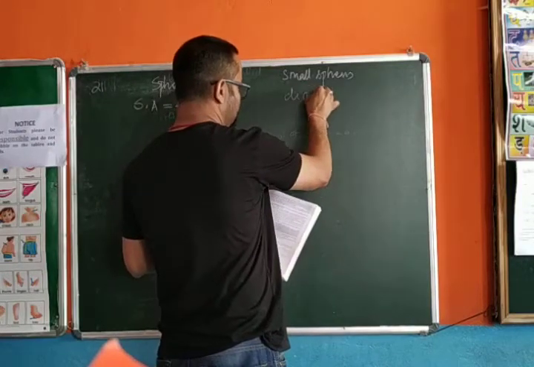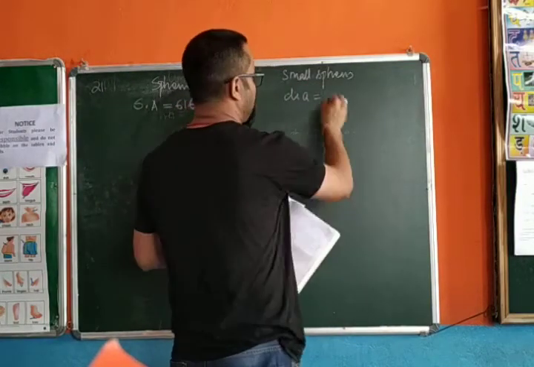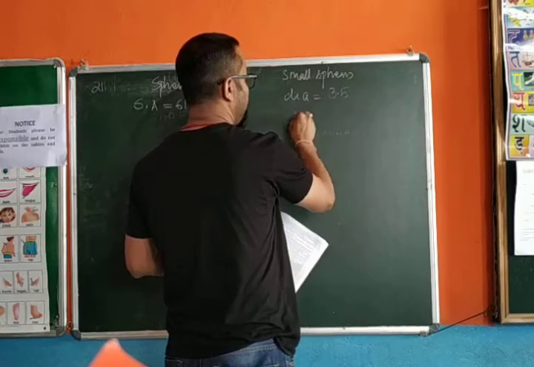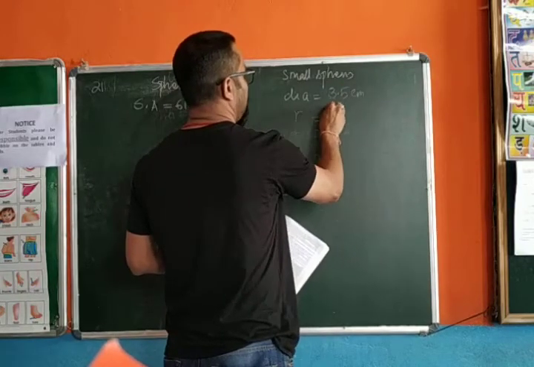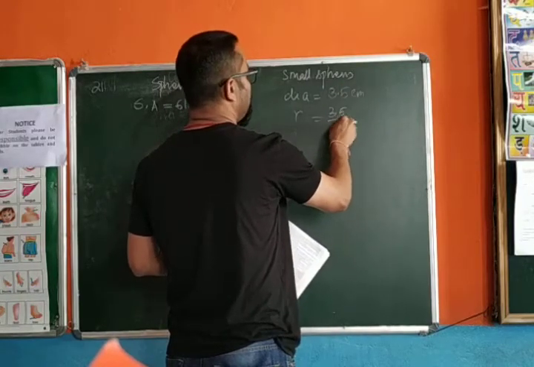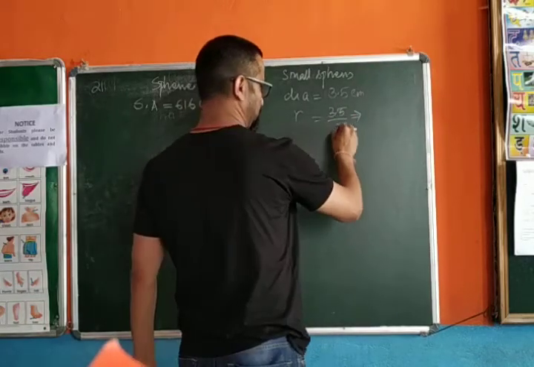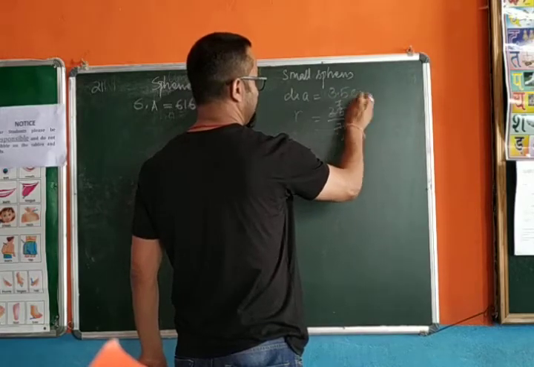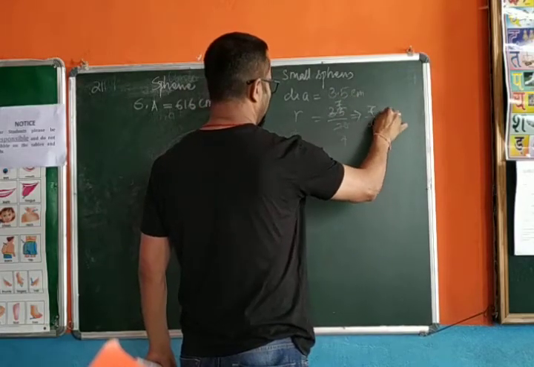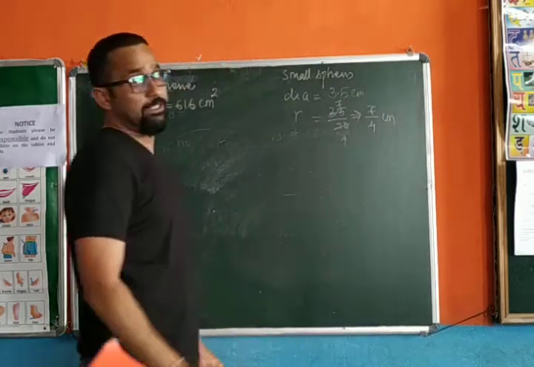The diameter of the small spheres is given as 3.5. Find the radius. 3.5 divided by 2. Remove the decimal. You can simplify this: 7 upon 4 centimeter. Leave it in fraction.